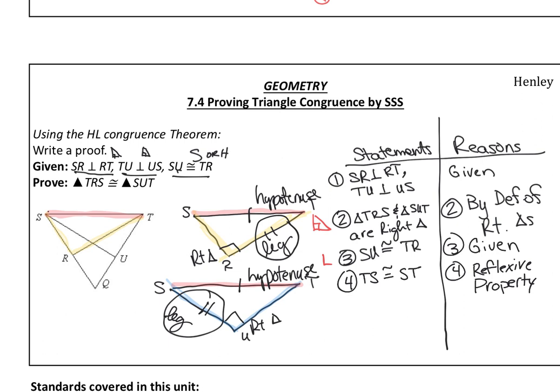And this one is going to give us the hypotenuse because it's the side opposite the right angle. Then finally, number 5, we put that triangle TRS is congruent to triangle SUT, and number 5 is the hypotenuse leg theorem.